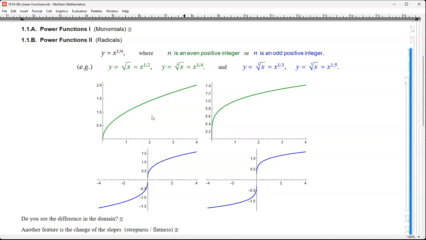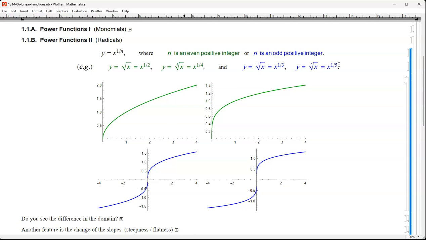Because you see, y squared is x, y to the fourth power is x, kind of like that. Yeah, we have to look at green. And there's no way I'm going to get a negative number by taking a square or fourth power or sixth power and so on. So the domain is only to the right.